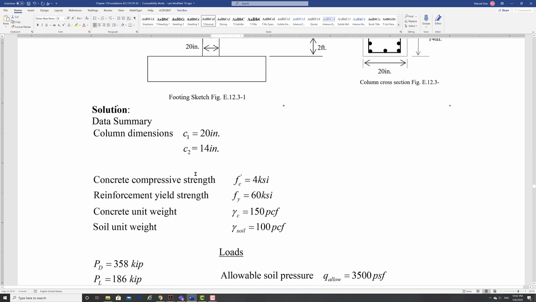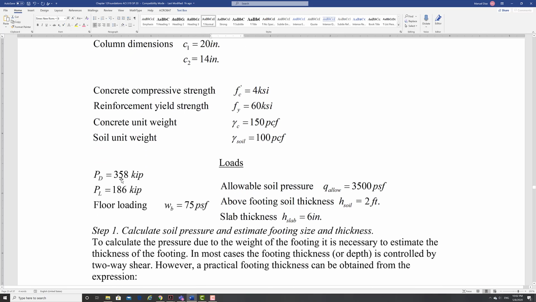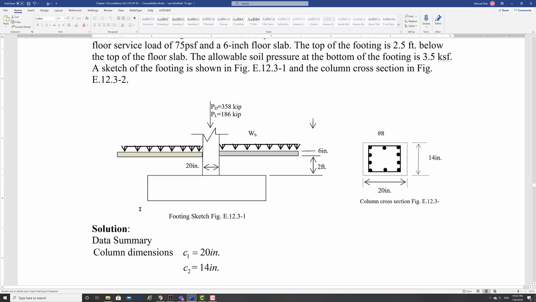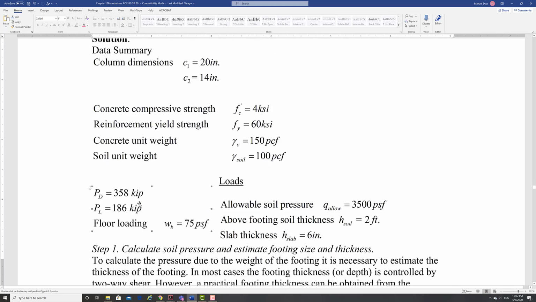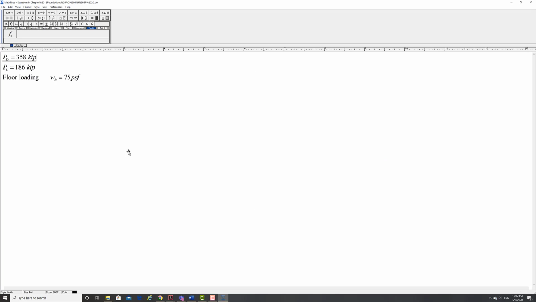All right, so column dimensions, compressive, see all this set up like MathCAD. Again, these loads have been changed, and this one I should be able to change, I think. Let me see. 345, 178. Yeah, so I can change this one.